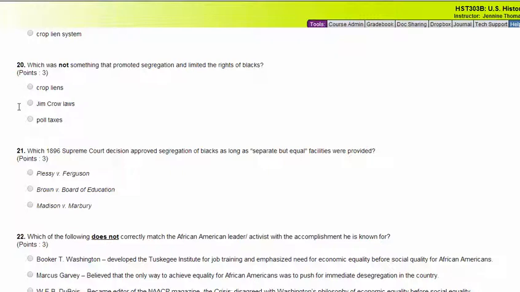Croplands, Jim Crow laws, or poll taxes? Number 21, which 1896 Supreme Court decision approved segregation of blacks as long as separate but equal facilities were provided? Plessy versus Ferguson, Brown versus Board of Education, or Madison versus Marbury?